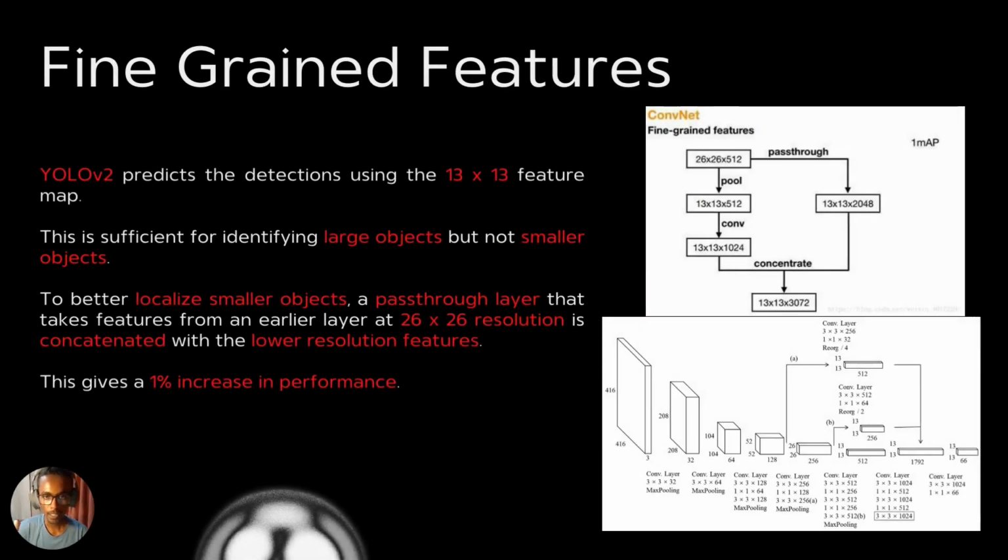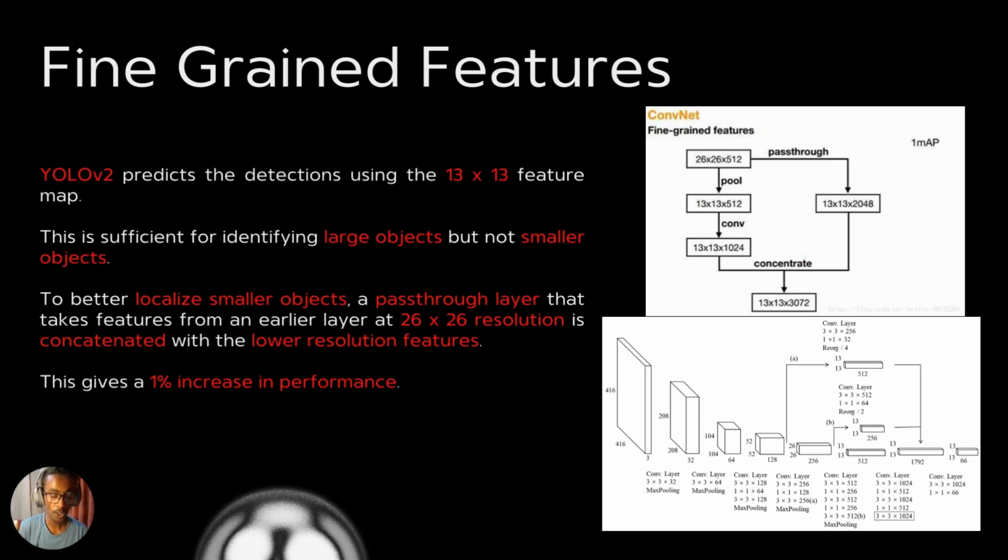So we said that they introduced fine-grained features in the backbone of YOLO V2. So what does it mean? YOLO V2 predicts the detections using the 13x13 feature map.